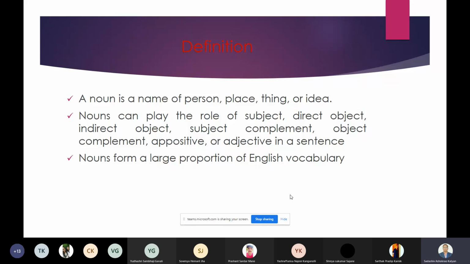And whenever we look at the dictionary in the English language, we find various kinds of nouns used. Most of the words we find in English vocabulary, in dictionaries like Roget's Thesaurus, the Cambridge Learner's Dictionary, or the Oxford Dictionary, are nouns.